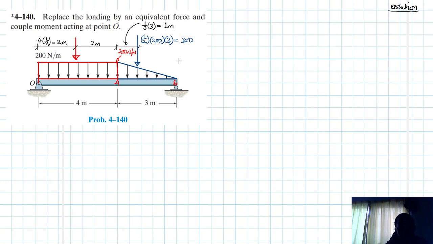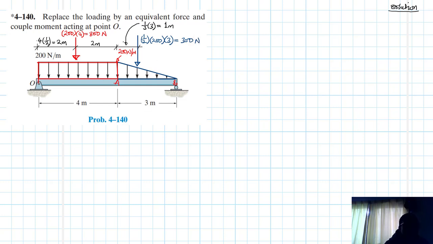Then this one is also the area under the load diagram, so the height is 200 times the length, which is 4, and therefore this is equal to 800 newtons, and this one is 300 newtons.